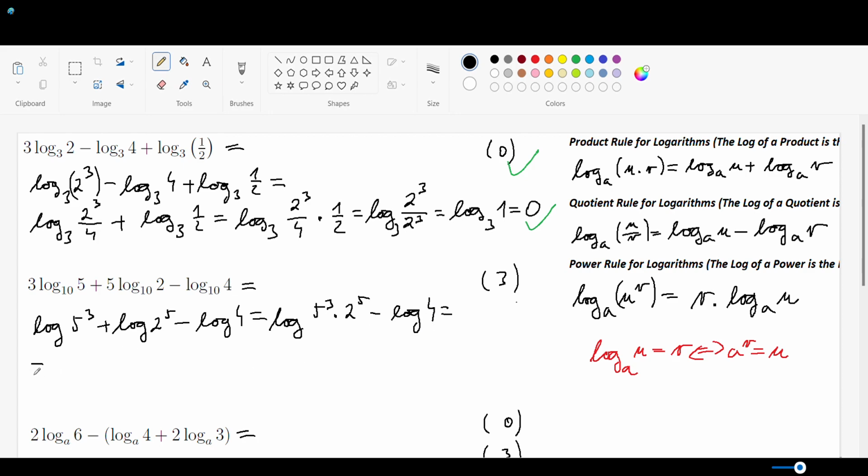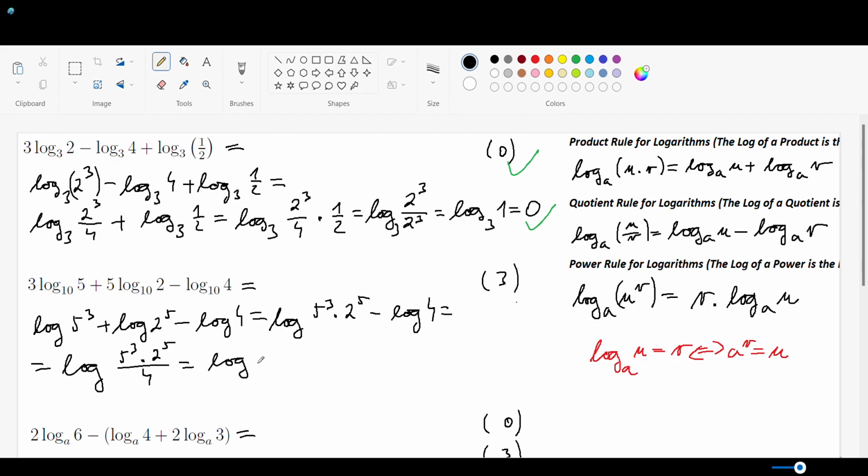And as here we have the subtraction, we apply the quotient rule, so it's going to be logarithm 5 to the power of 3 times 2 to the power of 5 over 4.